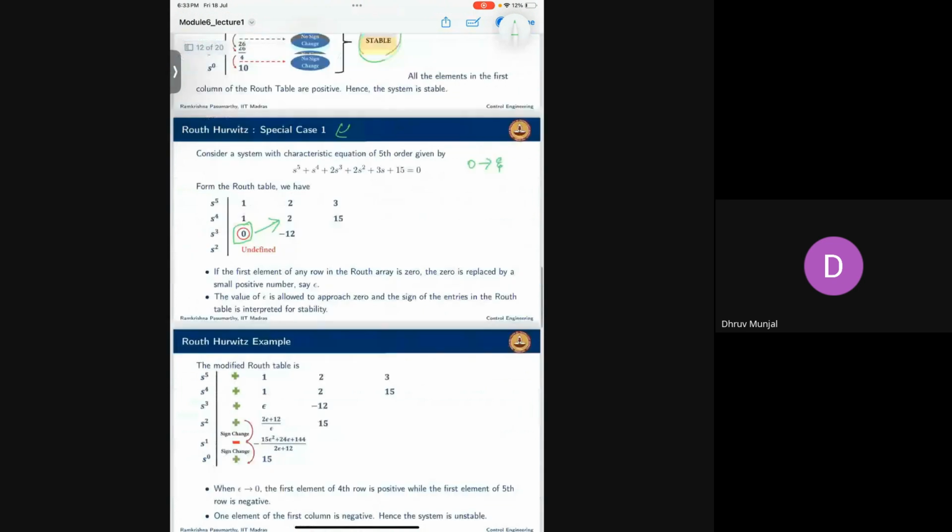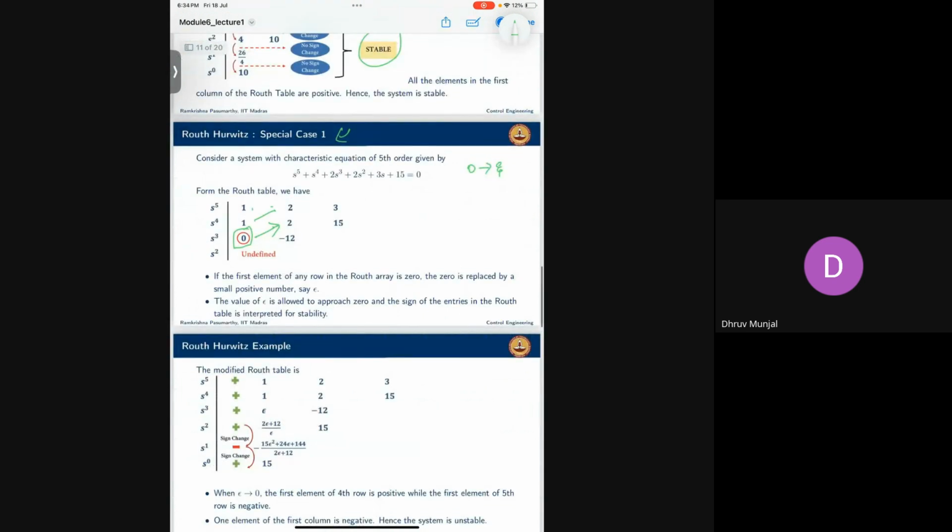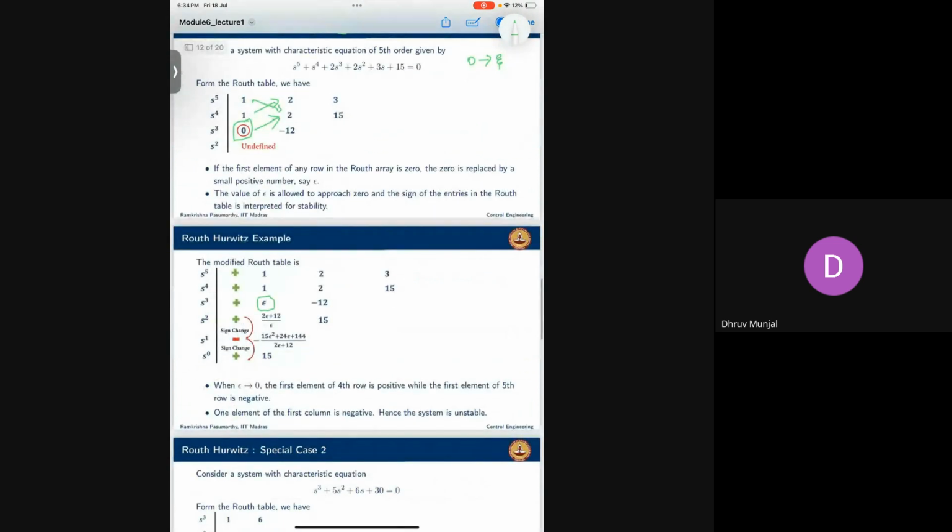So here if you see, if you multiply this, 2 minus 2 divided by 1 will be 0. So we are replacing the 0 with the epsilon here, and then we proceed to do the same multiplication operation. 2 minus 2 divided by 1 will be replaced by epsilon, and here 6 minus 30 divided by 2 will give you minus 12.